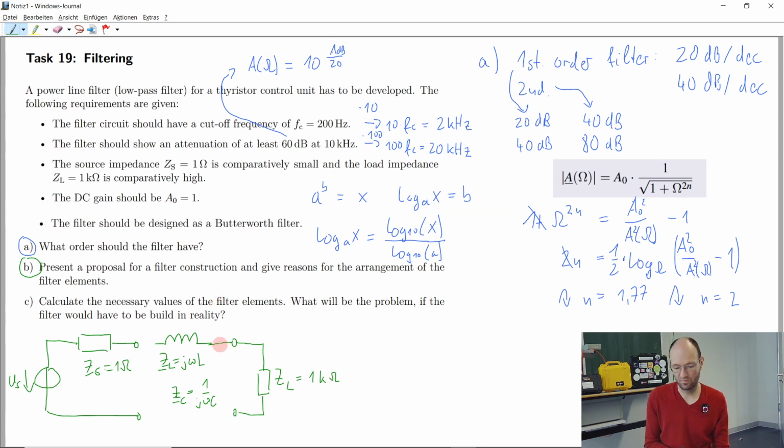What will happen if we place the capacitor in front, but I would rather place the capacitor at this position. So this is our filter arrangement. And this would be the reasoning why we choose this arrangement of these filter elements.